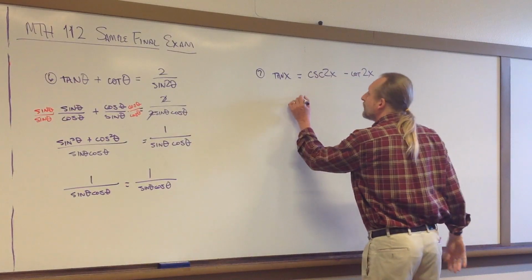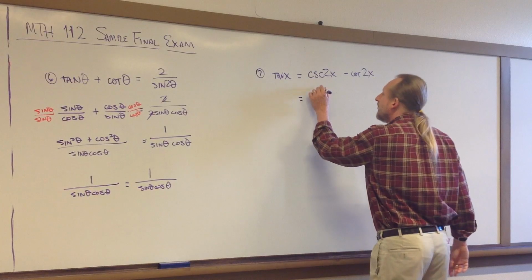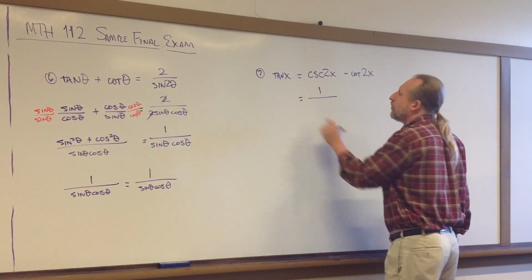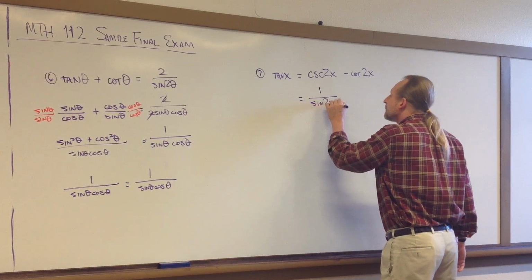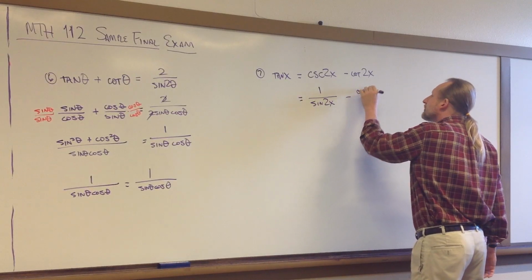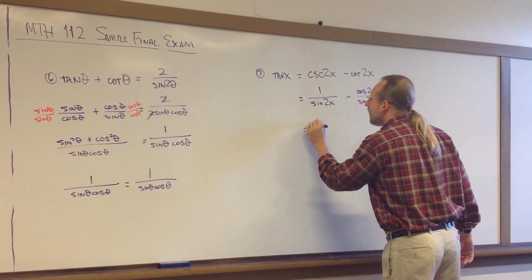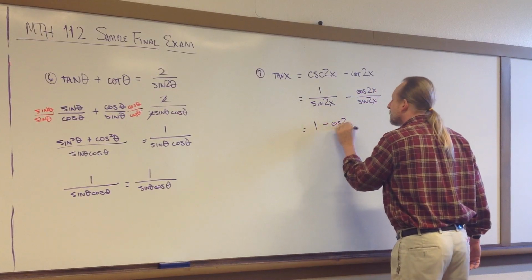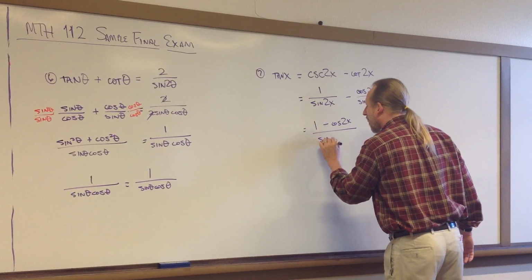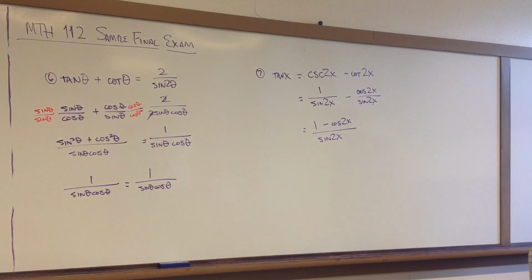But we can rewrite them, I mean we can use a slightly different identity as reciprocals. So 1 over the sine of 2x minus cotangent is going to be cosine 2x over sine 2x. Nice, we don't have to make a common denominator. And so that's where that takes us.